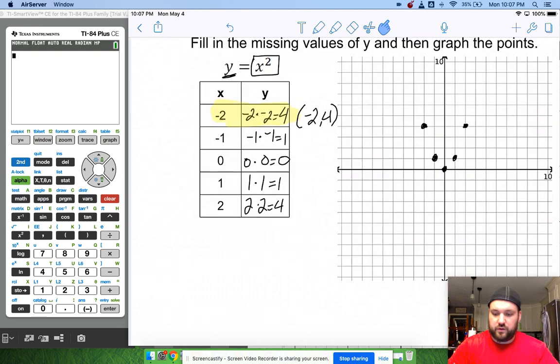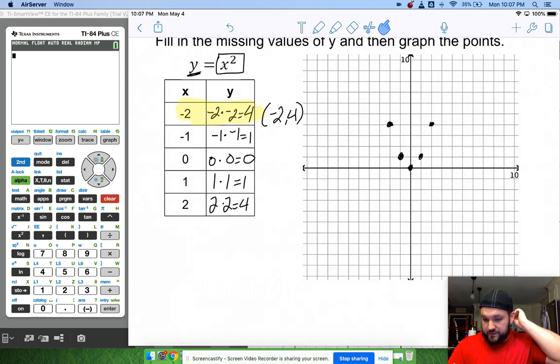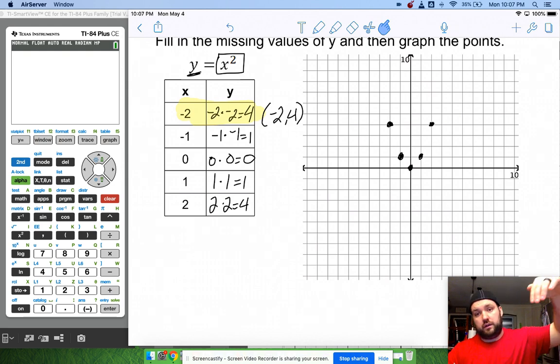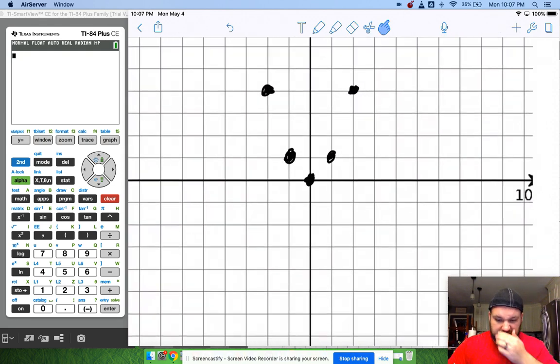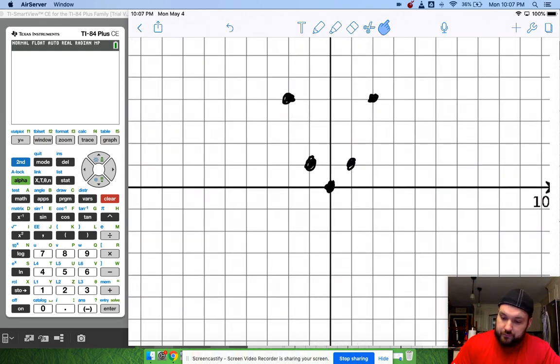A couple things that you can see about this graph is it is not a straight line, because the points kind of almost make a V shape. But what's important to see here is that this point right here is not in a straight line with these other 2 points.